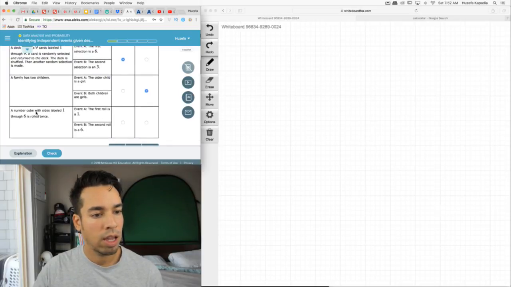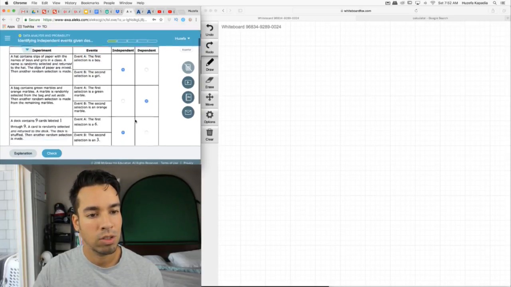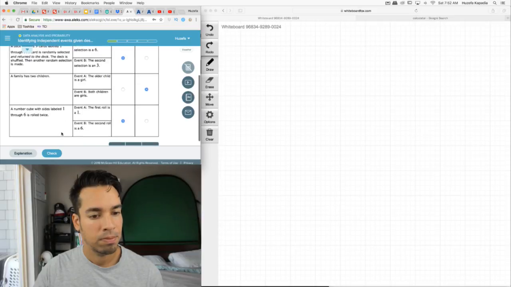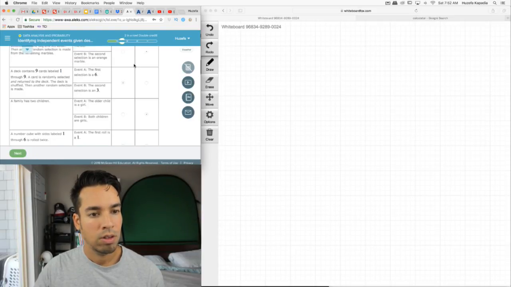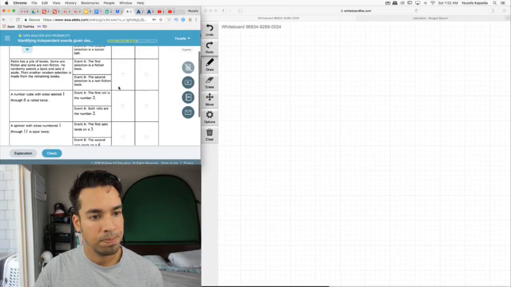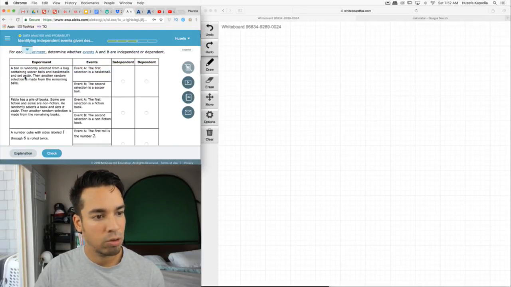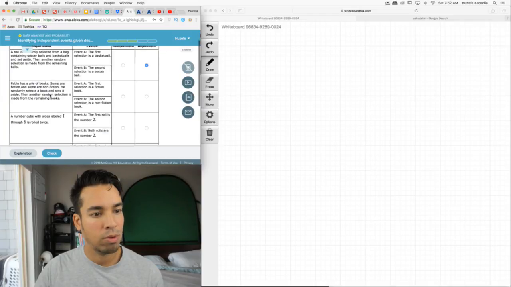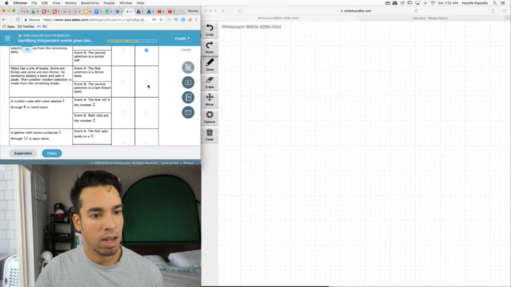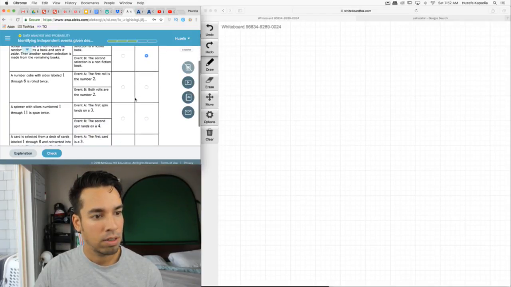And here we go. A number cube, 2 separate rolls. The first roll has no impact on the second one, so therefore it's independent. All right, now I'm going to blaze through this last one here, looking for that specific language. It's set aside, dependent, not replaced. A number cube is rolled twice. The first roll, both rolls.